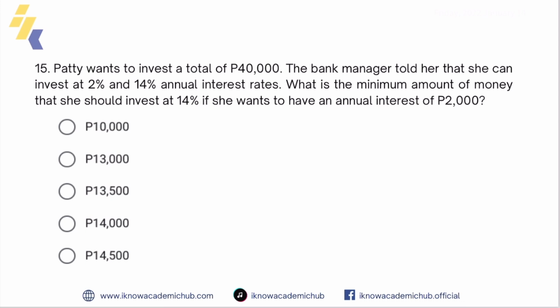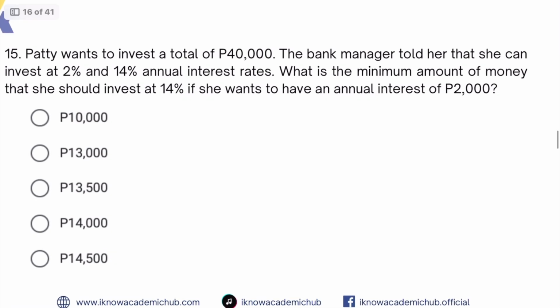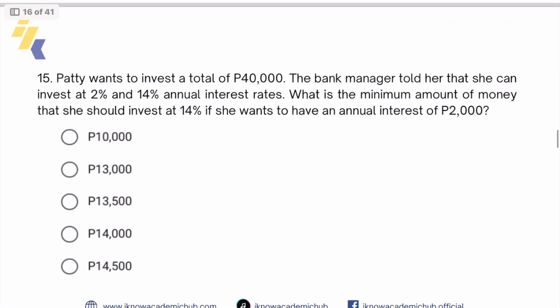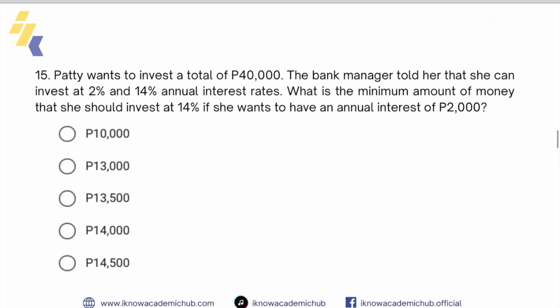2% and 14%. Now, we will multiply 0.14 by x, and the remaining, that is for 2% or 0.02, that's 40,000 pesos minus x, and the interest should be 2,000 pesos.